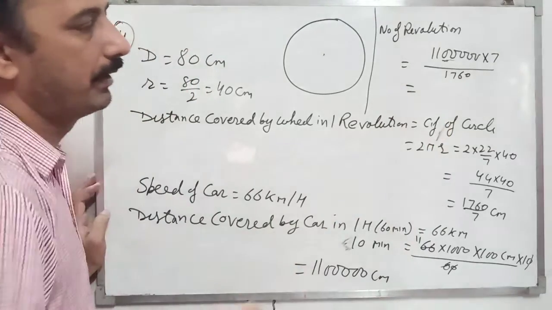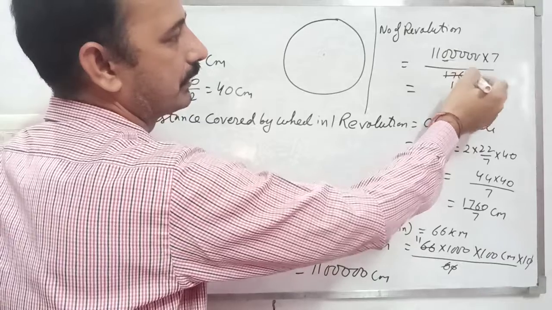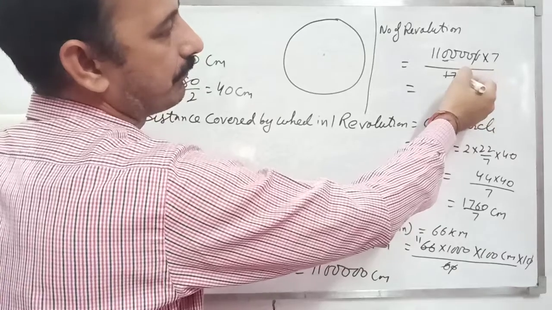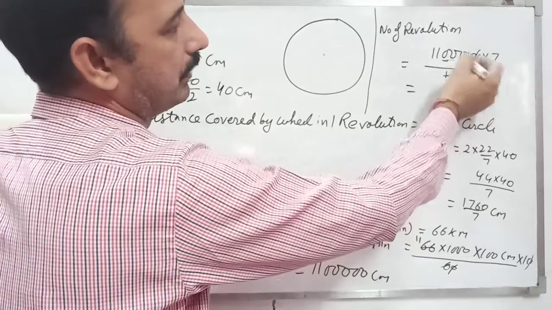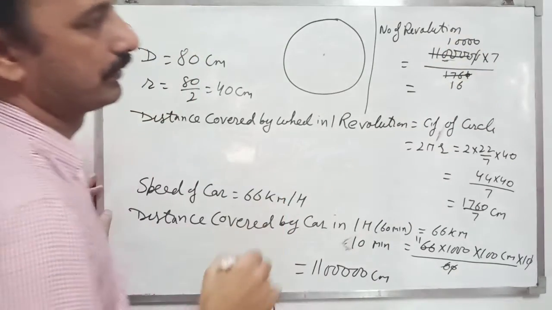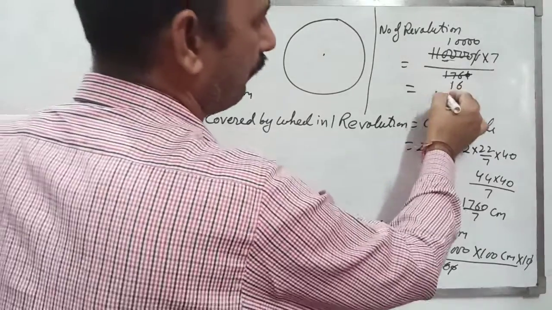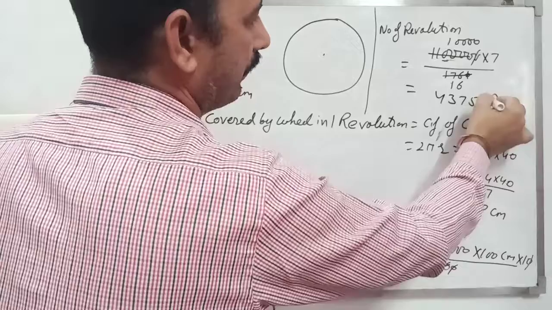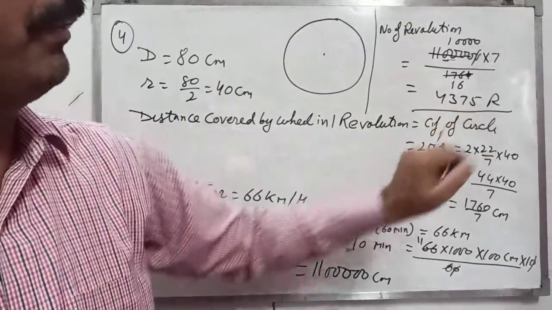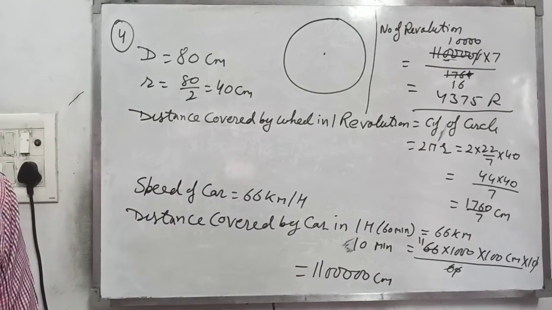When you cancel with the help of 11, 160, the 0 is cancelled with the 0. You cancel all these and you get the answer: 4,375 rotations. So the wheel makes 4,375 rotations to cover the distance in 10 minutes.